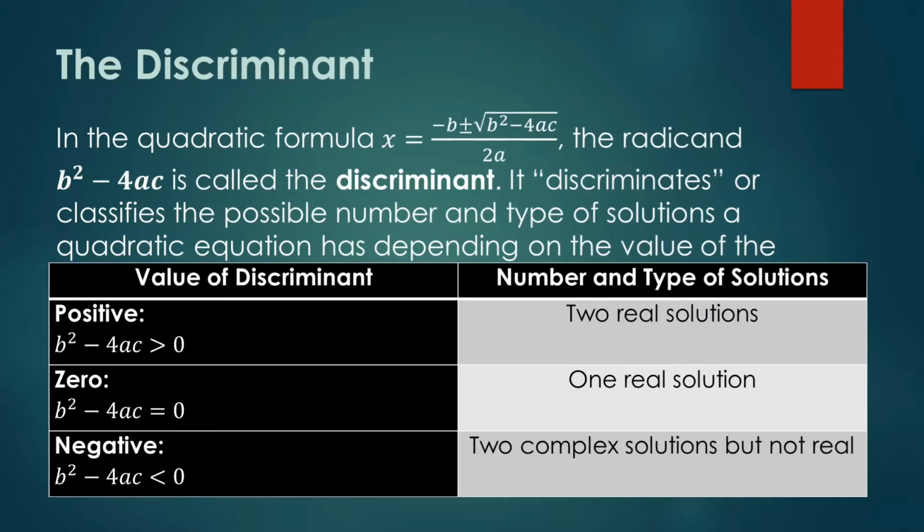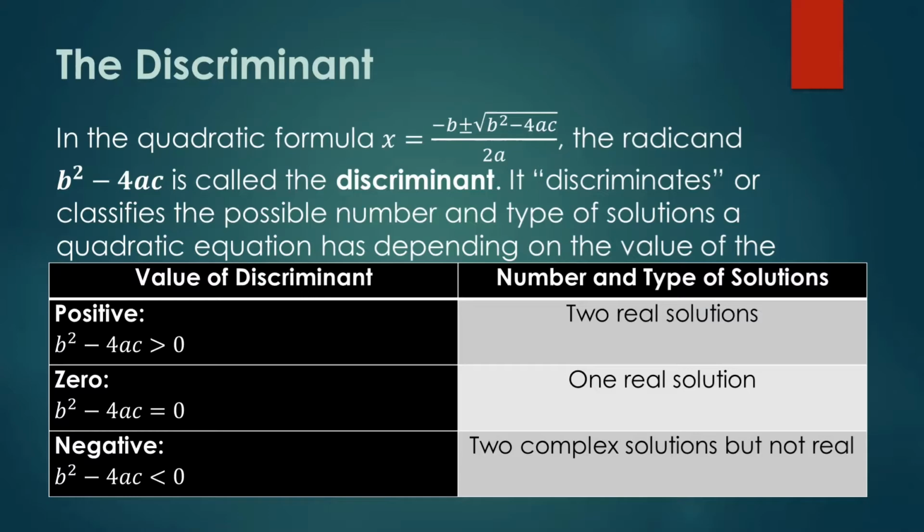So we have here the value of the discriminant. First, if the discriminant is greater than 0, which is positive numbers na meron tayong 1 to positive infinity, then the number of solutions or the number of roots is 2. So therefore, it is 2 real solutions. The next is 0: if the discriminant is equal to 0, then we have only one real solution.